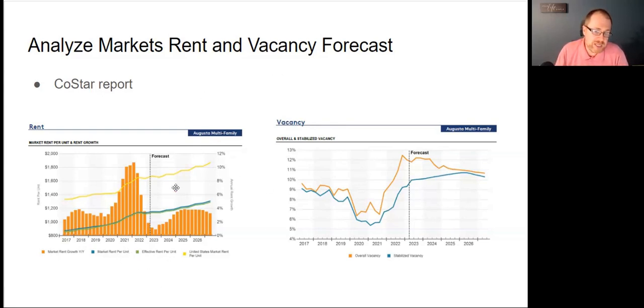And what's interesting is that they have economists in their team, and they are giving you a forecast of where they think rents, for instance, here in Augusta, in this example, are going to go over the next few years. It's interesting because in Atlanta, I think they're looking at kind of negative or 0% growth over the next few years.